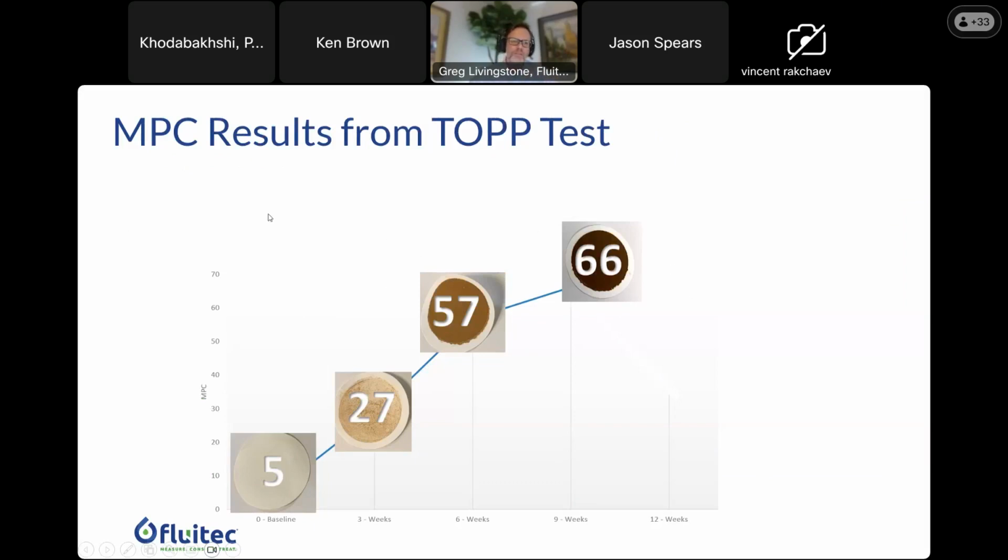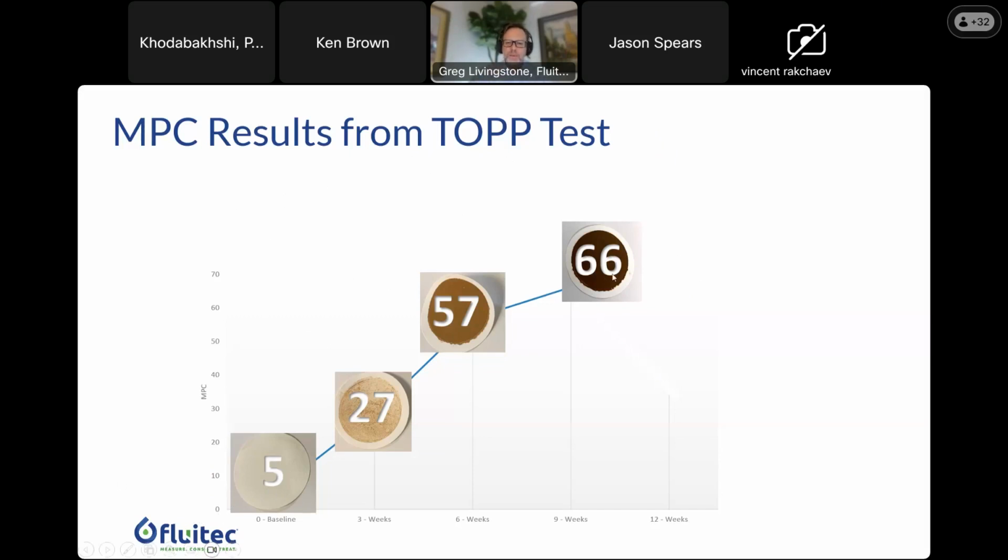And so these are some results from an accelerated aging test we do. It's called the turbine oil performance prediction test. We're basically heating the oil up to 120 degrees with some catalyst and air bubbling through it. And every 3 weeks, we pull a sample and assess the condition of the turbine oil.